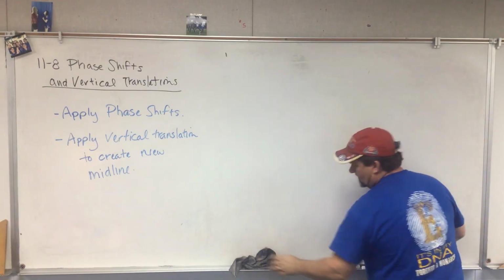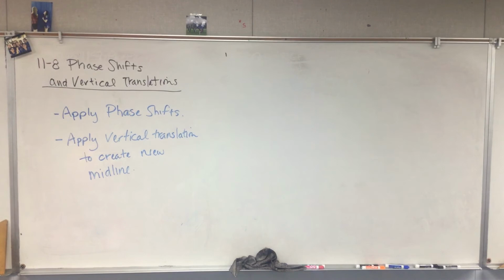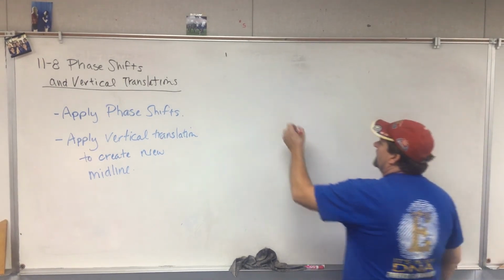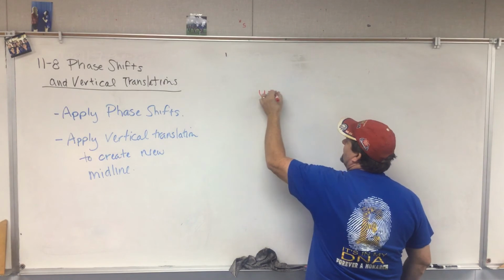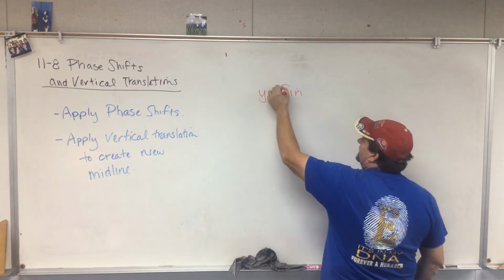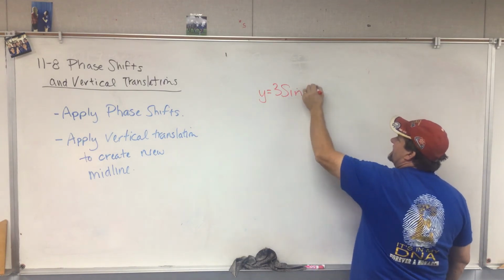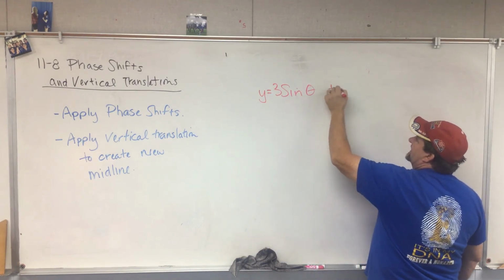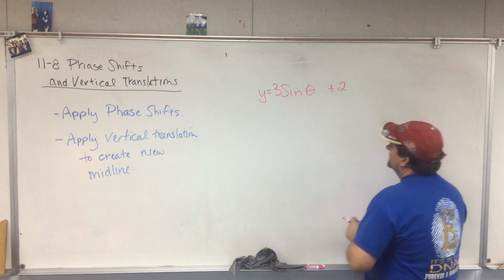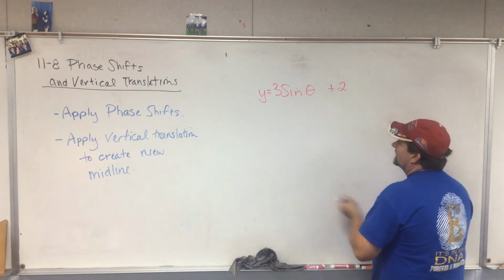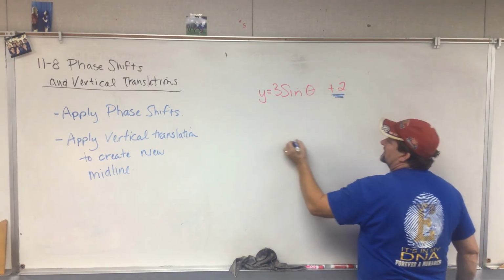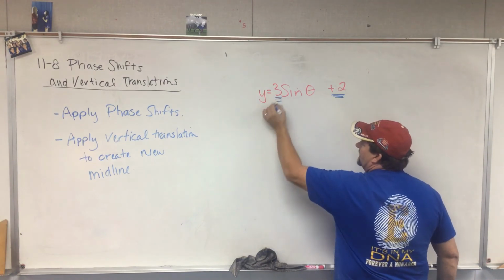All right. So let's just do something a little bit bigger. Let's do y equals 3 sine of theta plus 2. All right, so here's my midline. Here's my amplitude.